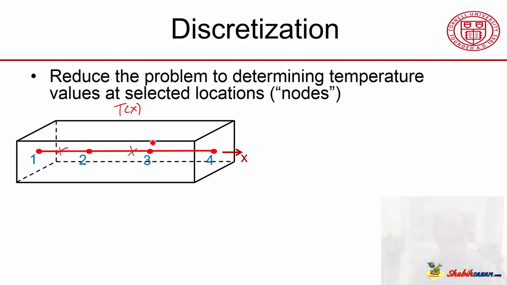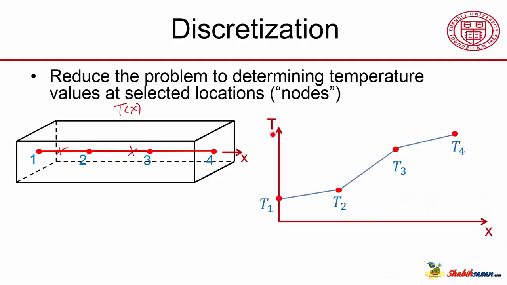So which means that if I plot the temperature versus x, and these are my 4 values, then in between, it's just a linear interpolation. I don't know these values yet, but I know the shape. The shape is going to be that. So I've reduced the problem to determining temperature at 4 points.